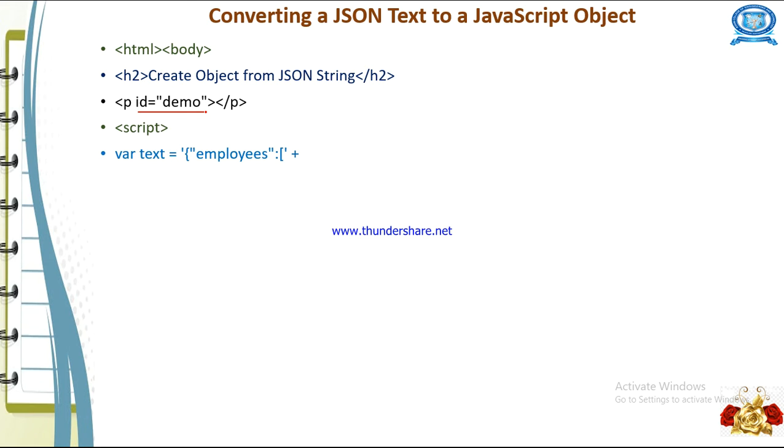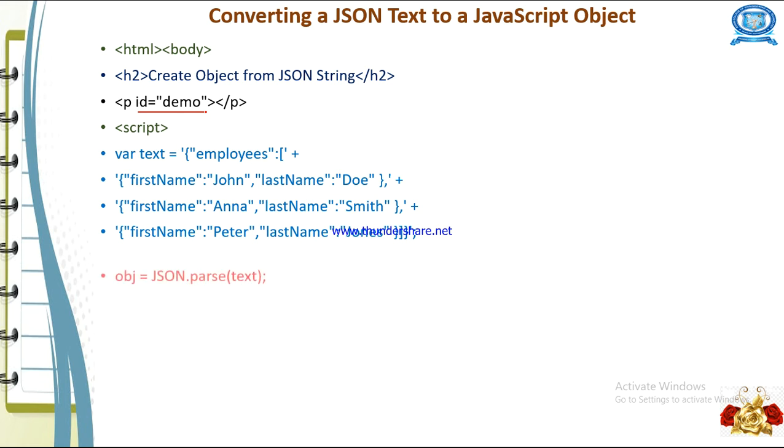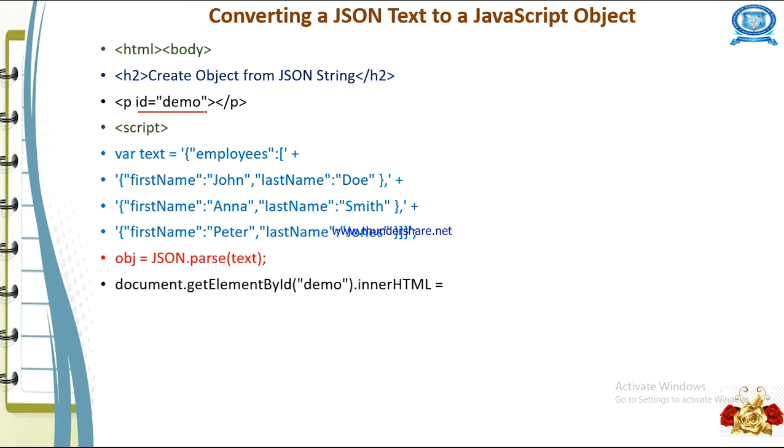Then the script. Now you start the creation of objects, where text equal to employee first name. So you have to declare three employee names, and then you have to declare the objects. Then the display functions. Okay.